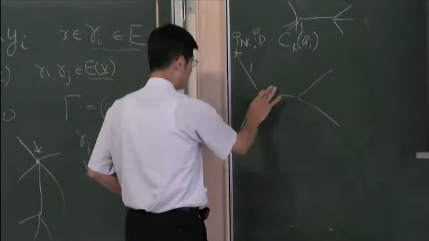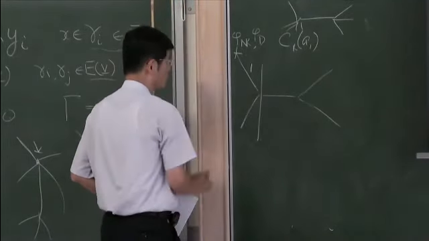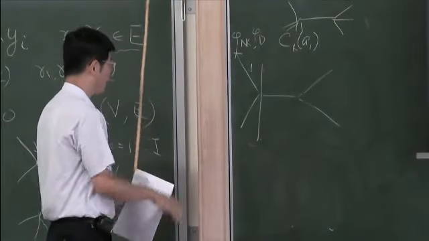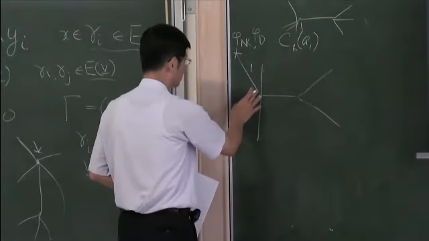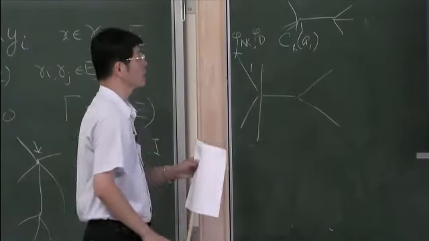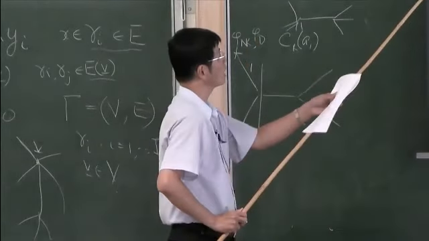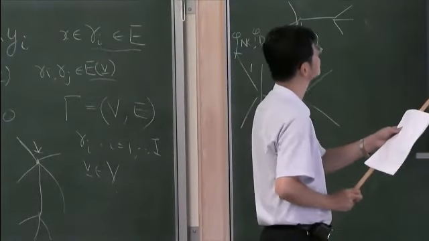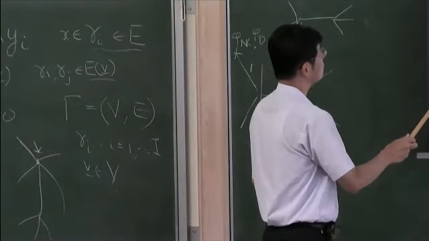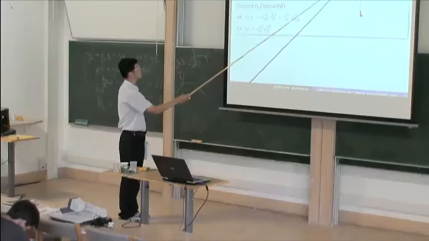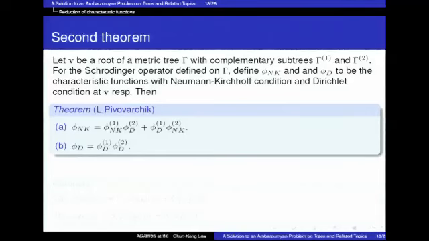I can decompose it here, and I can decompose it here. Okay, and any internal vertex. Now, for a tree, we can decompose it into gamma 1 and gamma 2, and we define this phi. Right now, the boundary conditions, in fact, can be arbitrary, and so I'm pointing at this vertex.